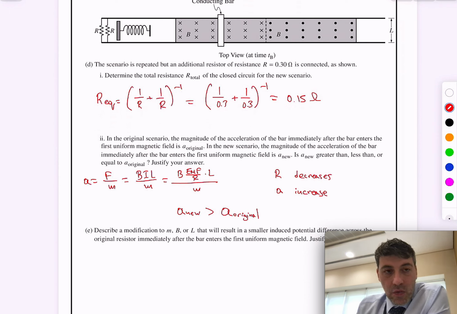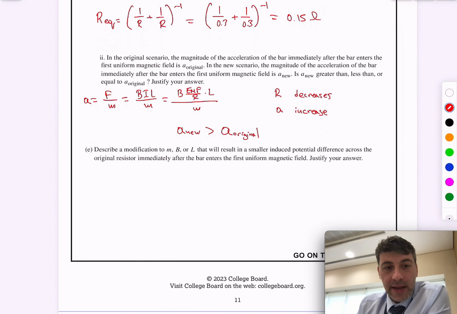And one more part, we need to describe a possible modification for mass, magnetic field, or length that will result in a smaller potential difference when it is about to enter the first magnetic field.